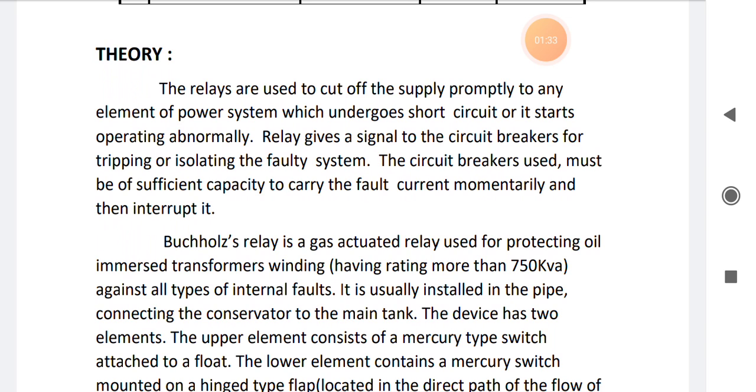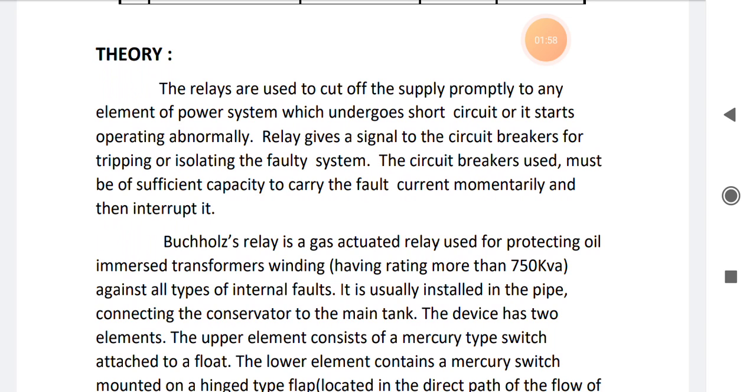So students, these circuit breakers should have the capacity to deal with this momentary surge of high current, because if they are unable to withstand it, it may cause failure of the system and thereby lead to the failure of the transformer itself.